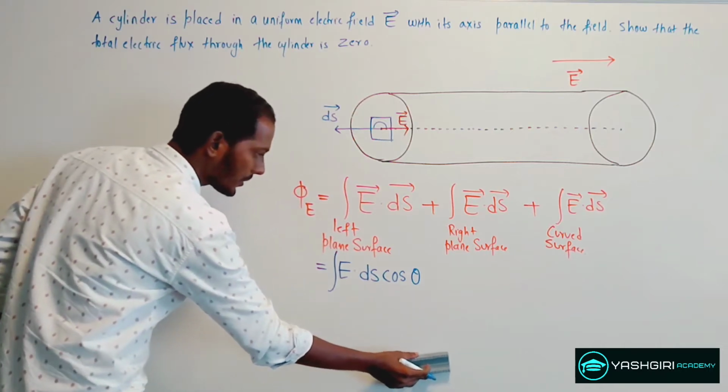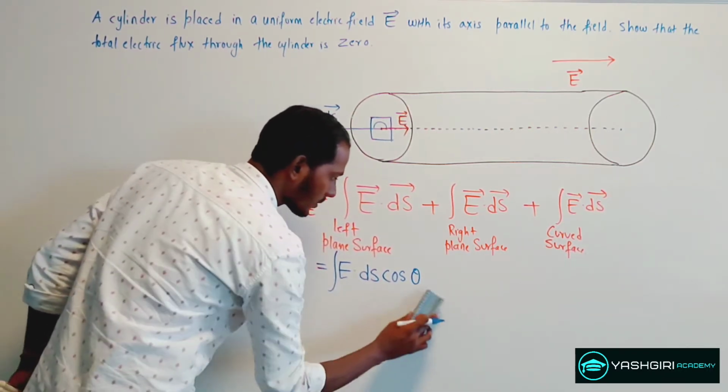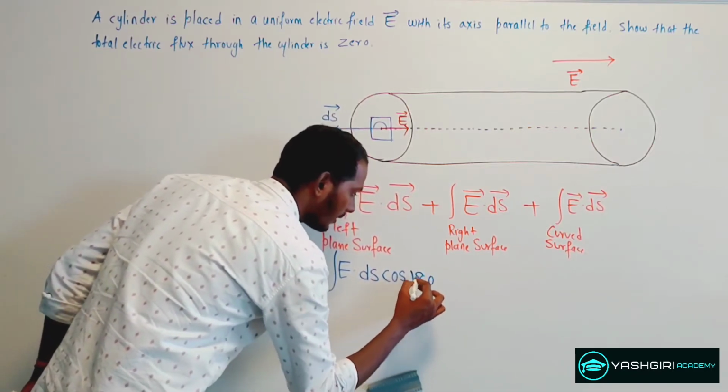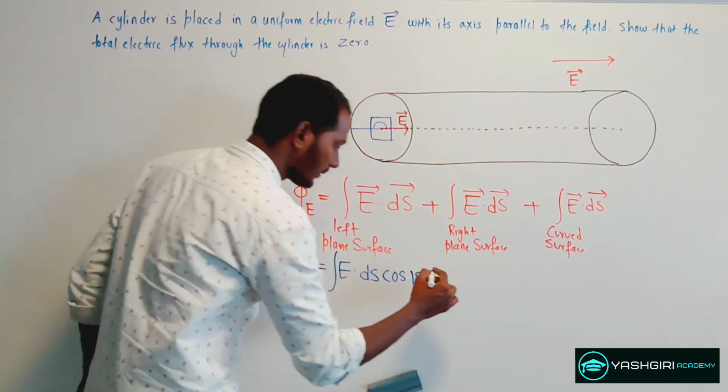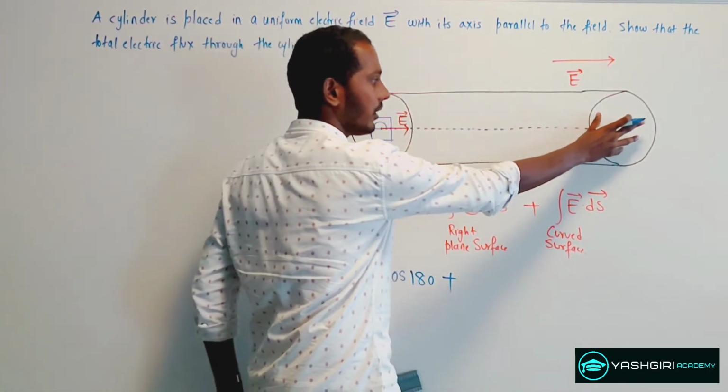So let me take this theta to be 180 degrees, plus the electric flux for the next cross-sectional area.